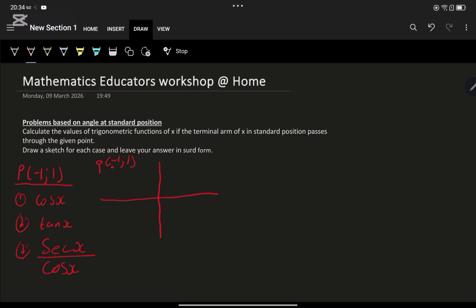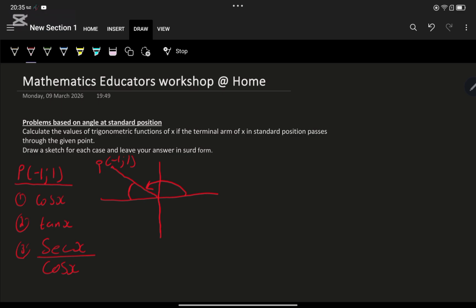Therefore, our terminal arm goes through the point from the vertex at the origin. So this is basically the angle we are dealing with. However, we are going to focus on the acute angle that gives the same position of the terminal arm as the given angle.